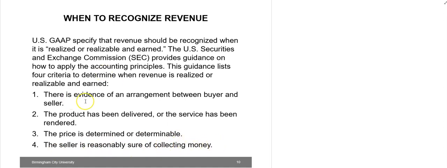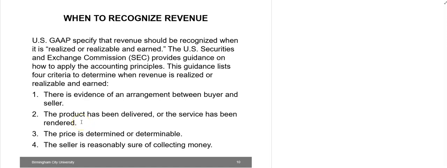The first criterion will ensure and disallow the practice of recognizing revenue in a period by delivering the product just before the end of an accounting period and then completing a sales contract after the period end.